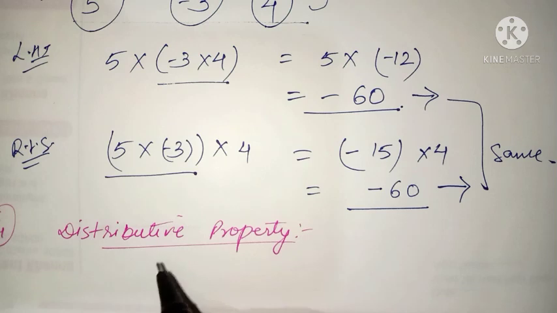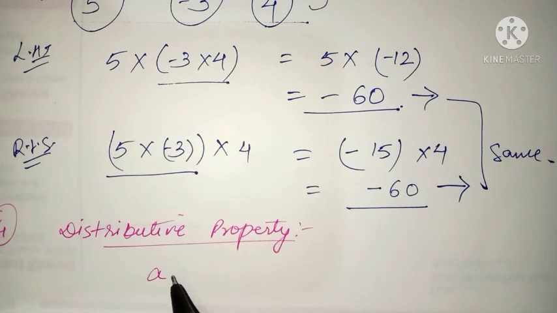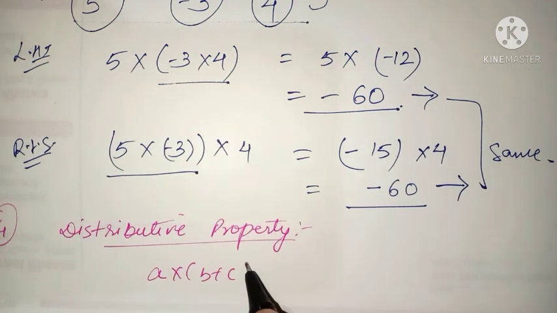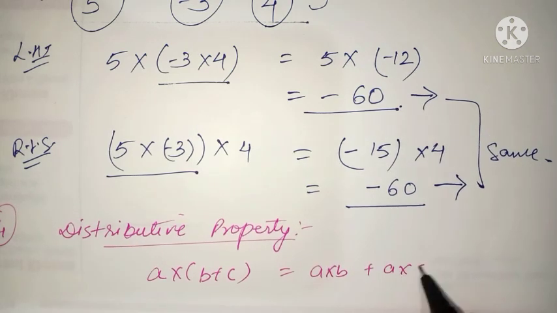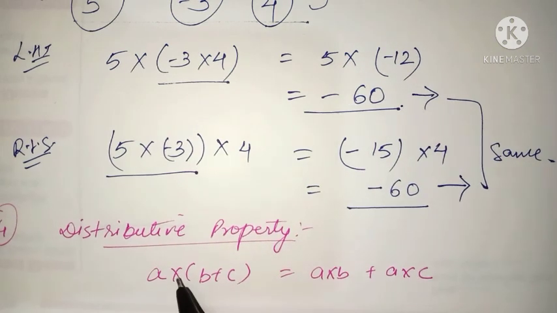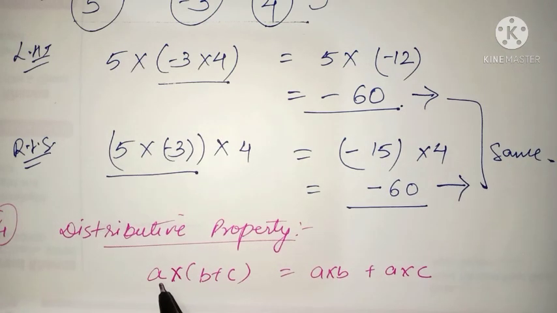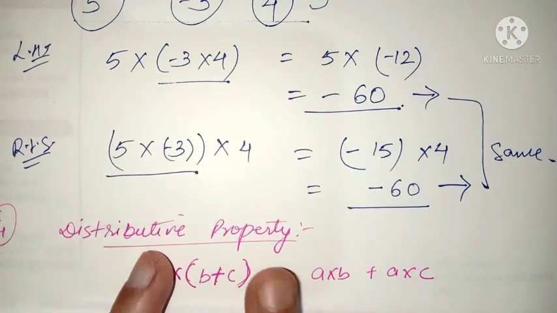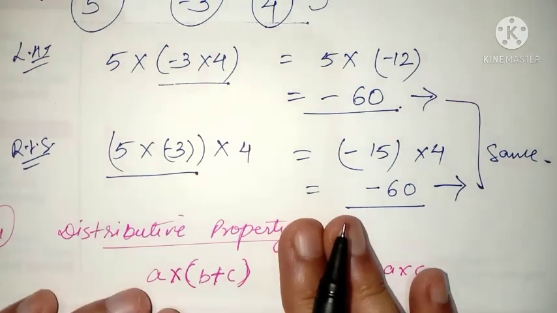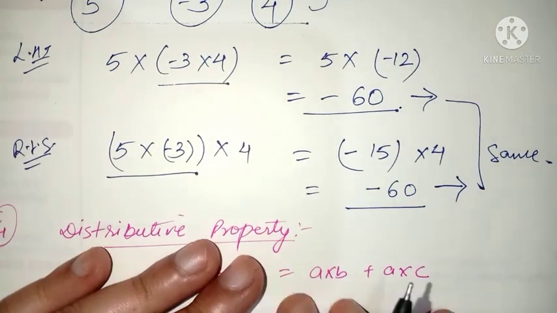This property is basically a into (b plus c) is equal to a into b plus a into c. What you see here is multiplication outside the bracket, and inside the bracket two integers are being added. First we have this arrangement and second we have this arrangement.